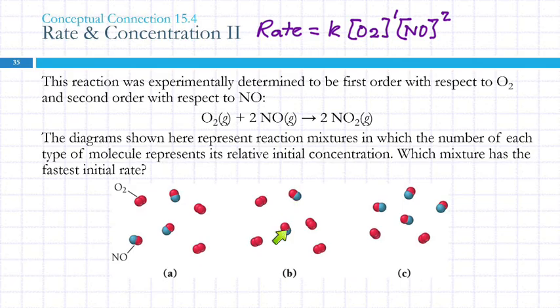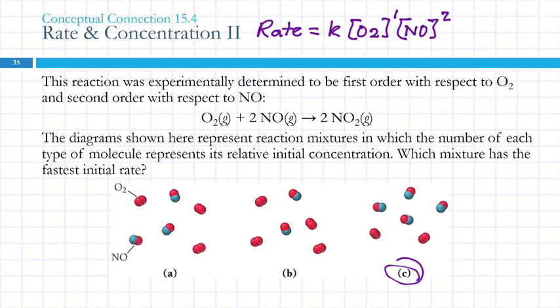Here, we've got 2 nitrogen monoxides. 2 squared is 4, times 4 of those is 8. If we did this one, we have 3 of these. 3 squared is 9, times 3 is 27. This guy wins. Does that make sense conceptually?